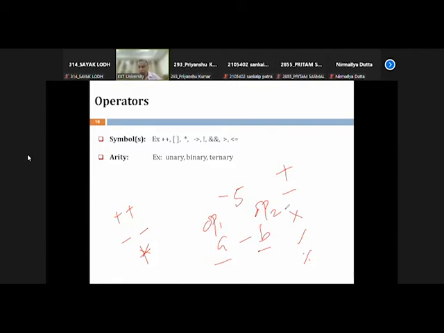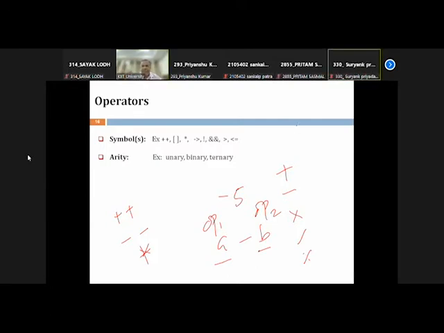English has no ternary operators. In C programming, we get 1 ternary operator. I'll discuss it later: 3 data will be operated on, not 1 or 2. Understood what the arity of operations is?